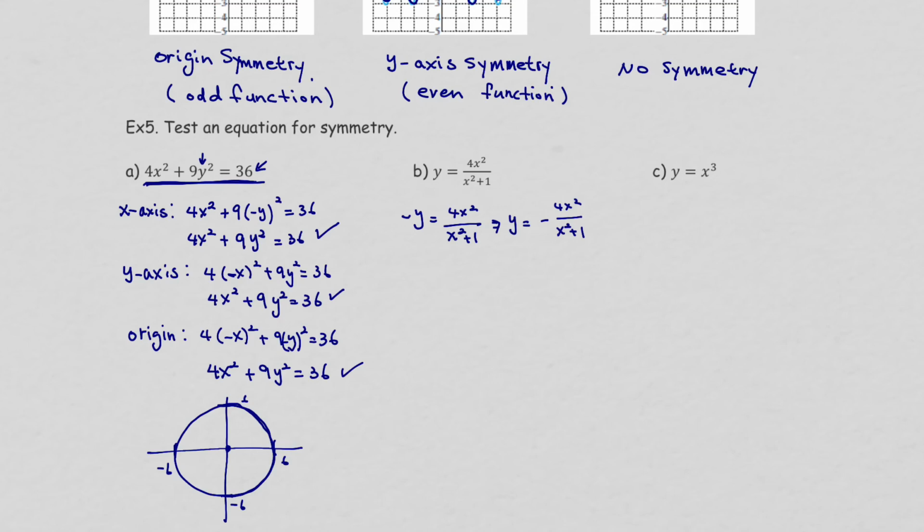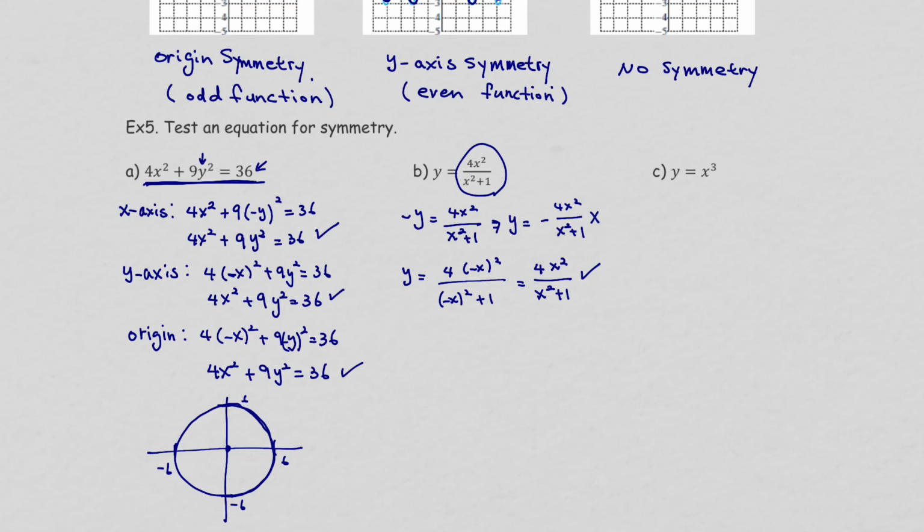So we know this is not x-axis symmetry. What about if we replace x with negative x? When we simplify that, we get 4x squared over x squared plus 1, which is the same as what we started, right? So we know that's going to be y-axis symmetry.